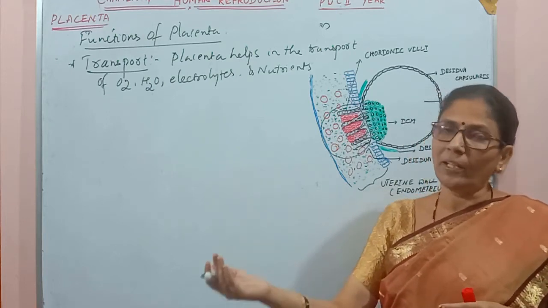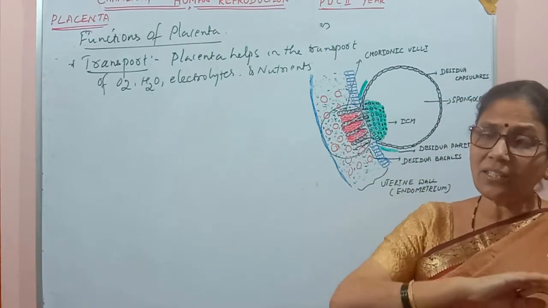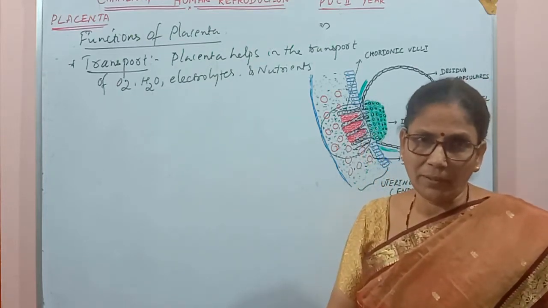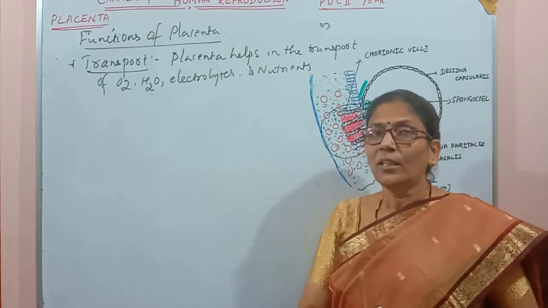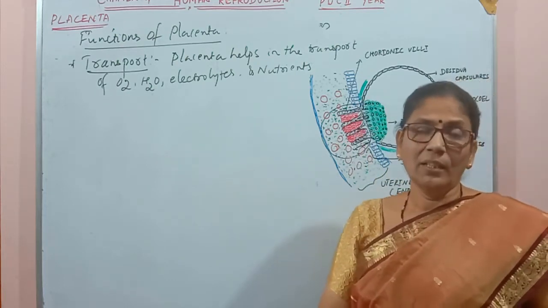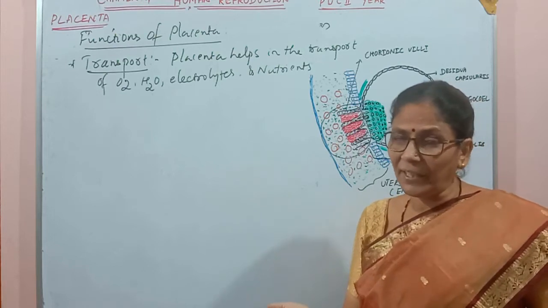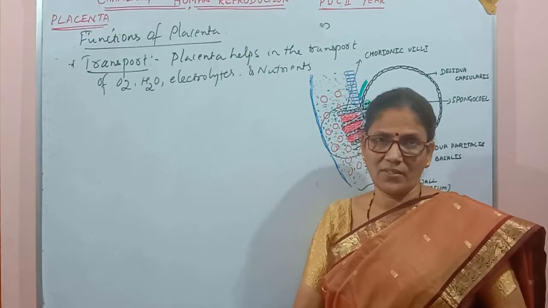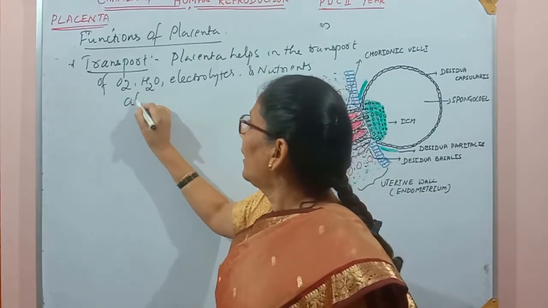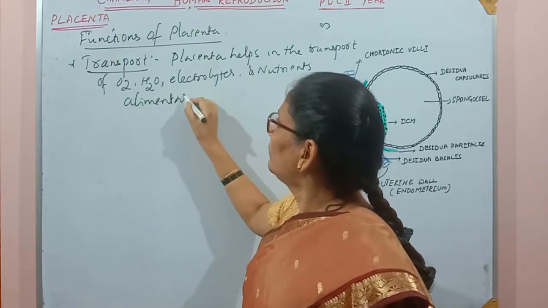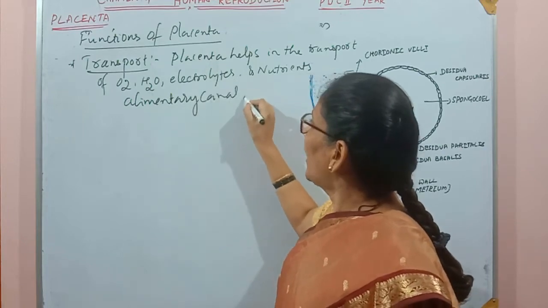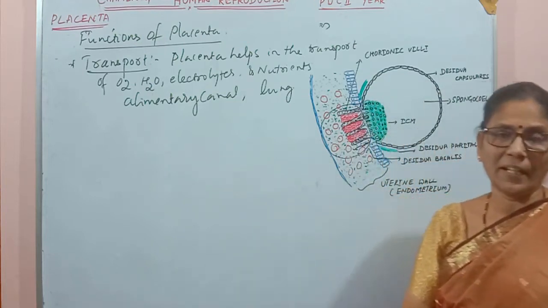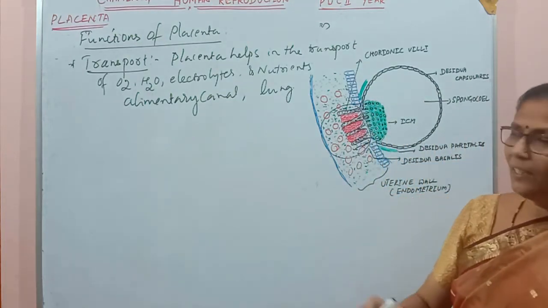Oxygen is taken from the maternal body to the fetus, and the fetus removes carbon dioxide through the placenta to the maternal body. Hence the placenta acts as the alimentary canal of the fetus, and also as a lung.